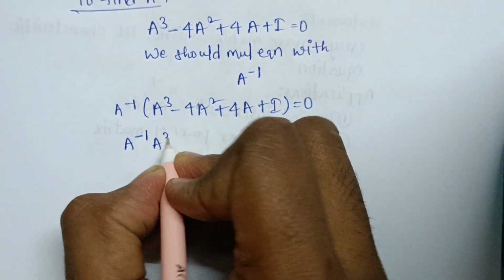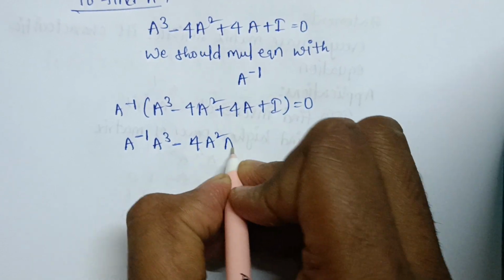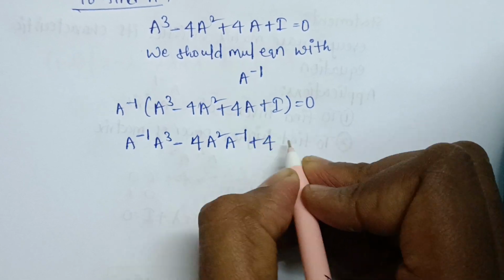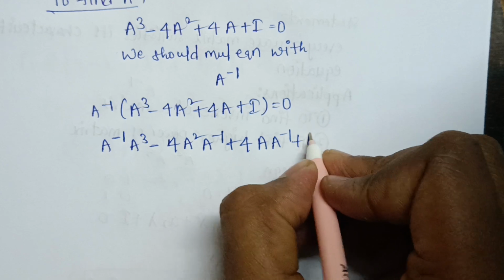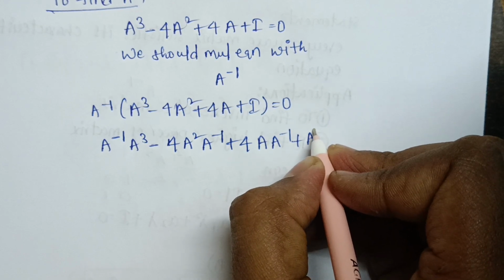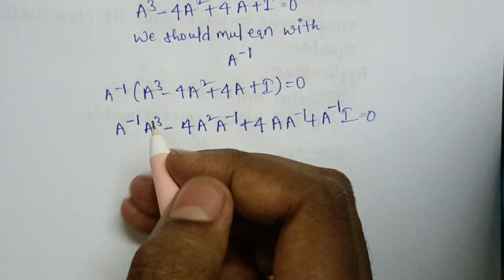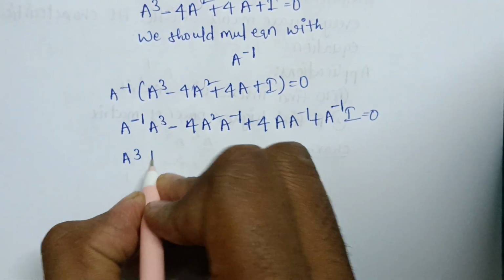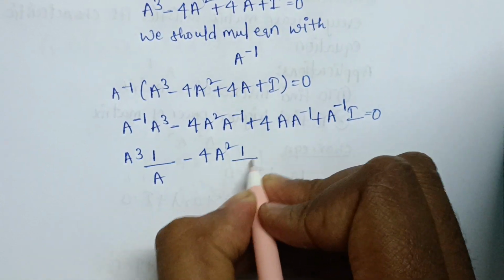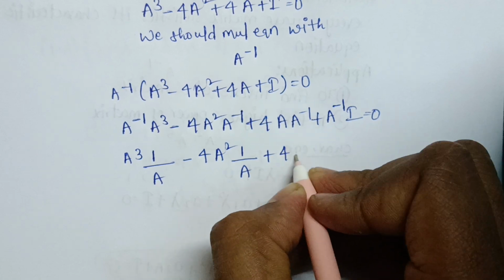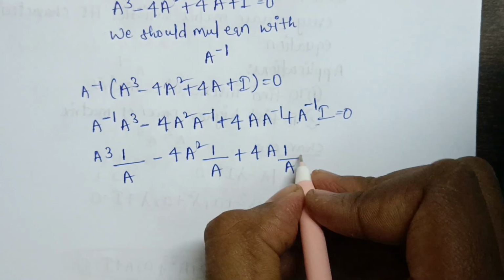After multiplying, we should write the terms. If we simplify this, A inverse I is I only.